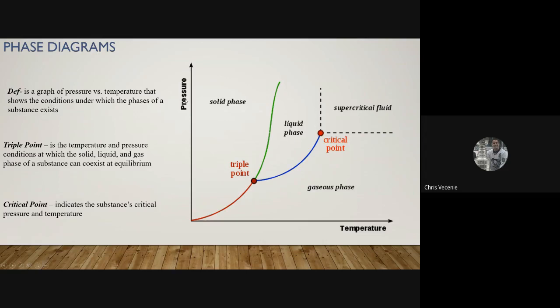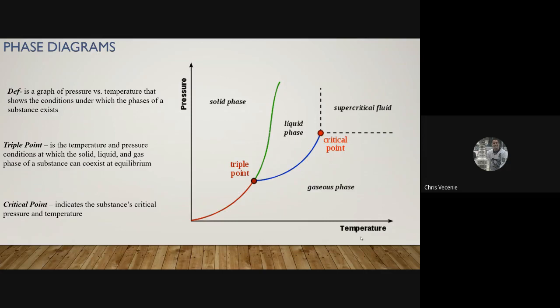So all phase diagrams have the pressure over here on the y-axis, temperature over here on the x-axis. Units on those can vary. Right? I've seen phase diagrams in atmospheres. I've seen them in kPa. I've seen temperature in Celsius. I've seen temperature in Kelvin.